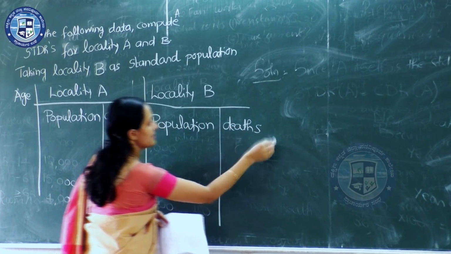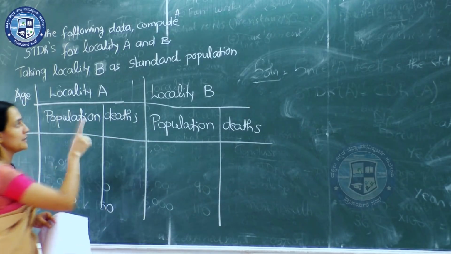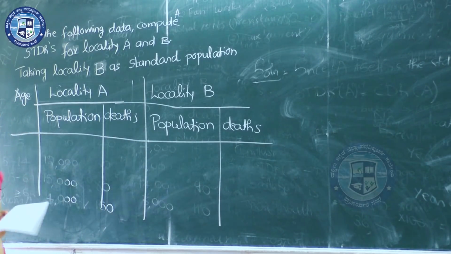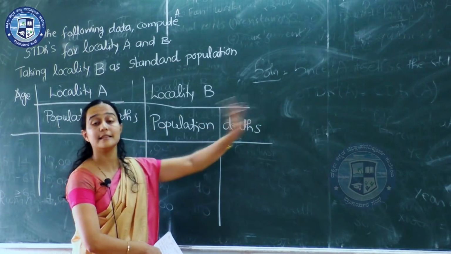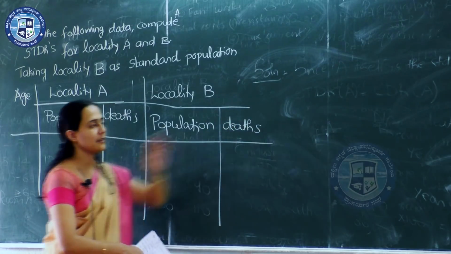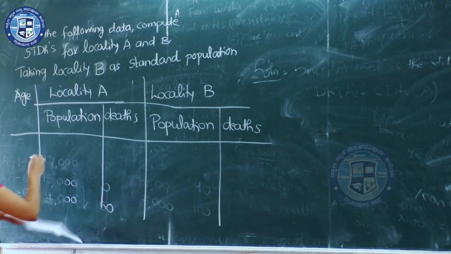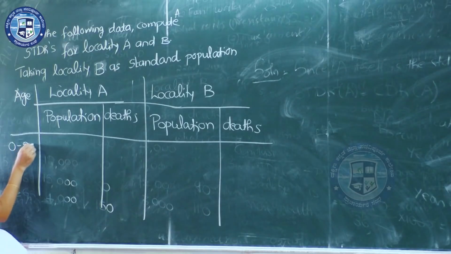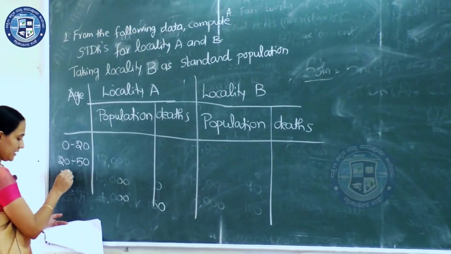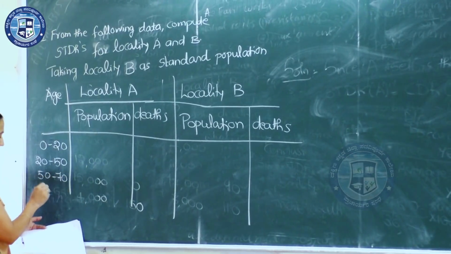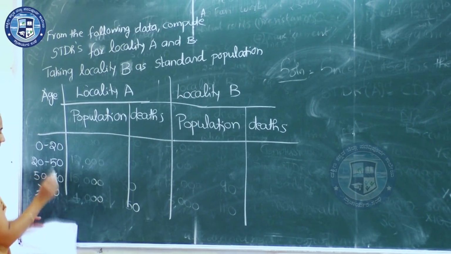So here which one is the standard population? B is the standard population. Sometimes it may be given here only, locality B in the bracket, standard population. So the age group is 0 to 20, 20 to 50, 50 to 70, greater than or equal to 70.